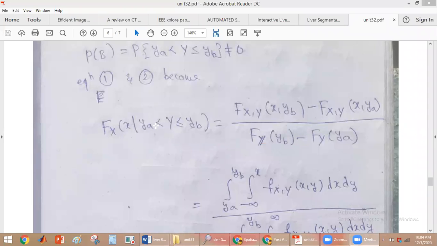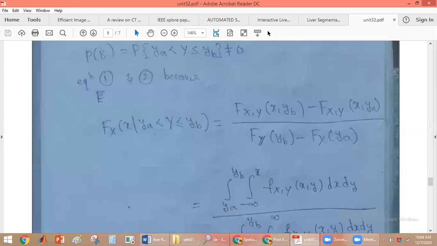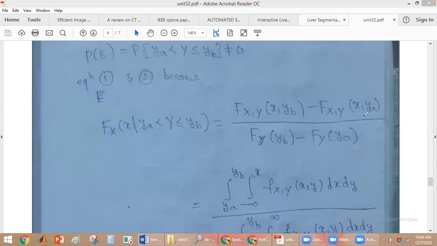From the properties of the distribution function, this can be written as the joint distribution function at x comma yb, the upper limit, minus the joint distribution function at x comma ya.